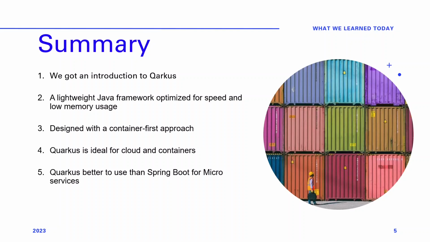1. Quarkus is a lightweight Java framework optimized for speed and low memory usage, ideal for cloud and containers. 2. Designed with a container-first approach, Quarkus ensures efficient resource utilization and seamless integration with Docker and Kubernetes. 3.